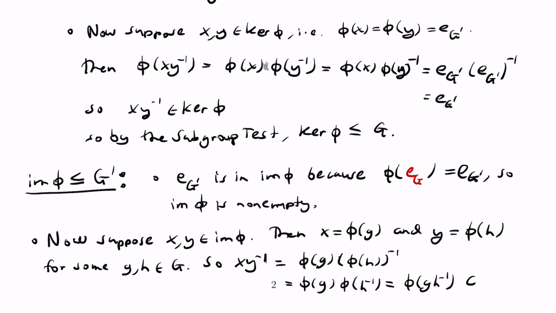And that is explicitly in the image of phi. So xy inverse is in the image of phi. So by the subgroup test, the image of phi is a subgroup of G prime.